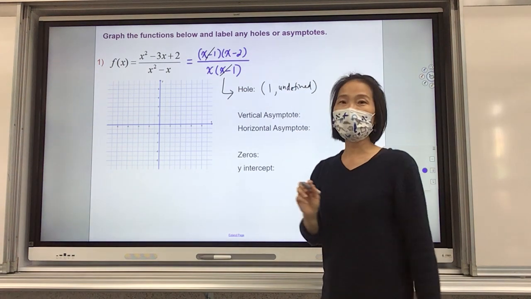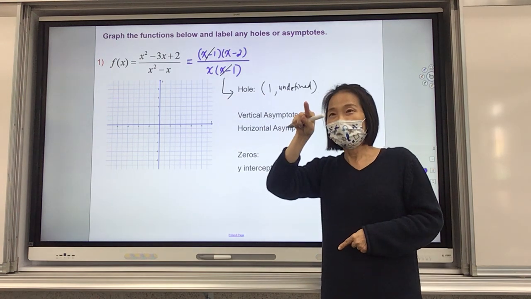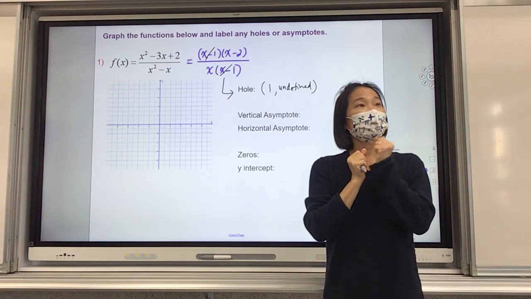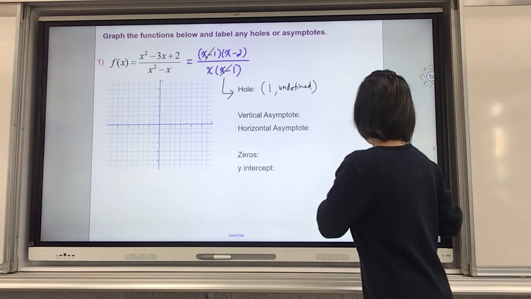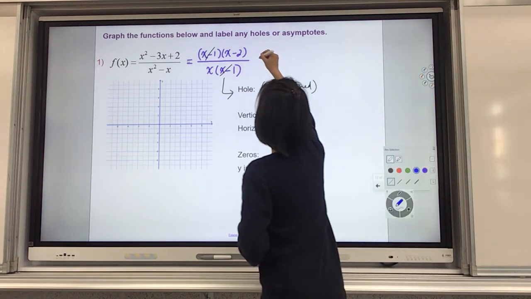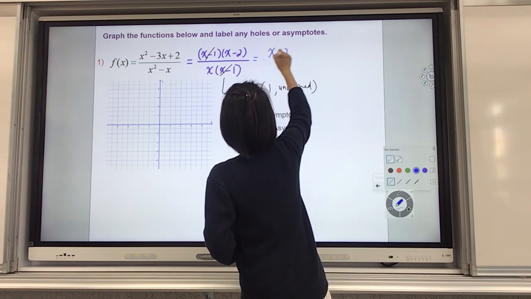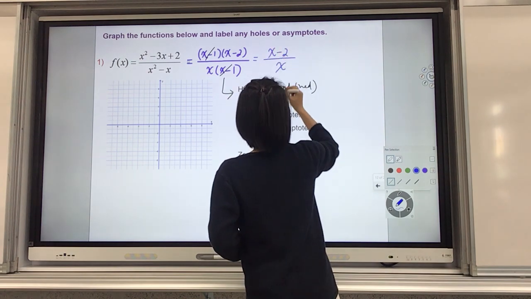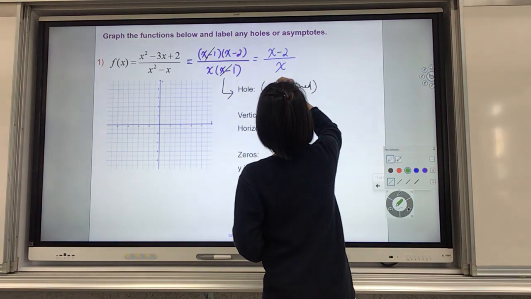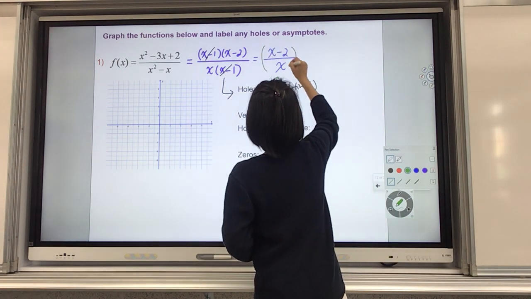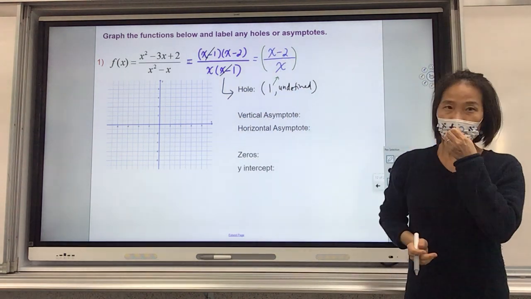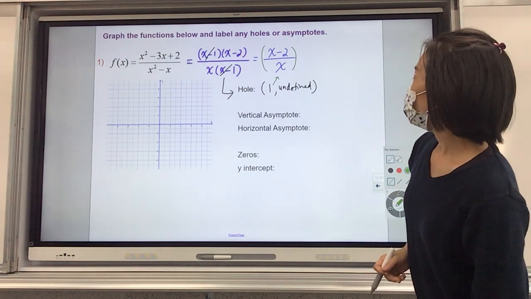If you go to the decimal graph, you find that point is undefined. But we want you to find the location. So how do I find the location of that undefined point? We will substitute into the simplified expression. Wait, Miss A, why is it undefined?